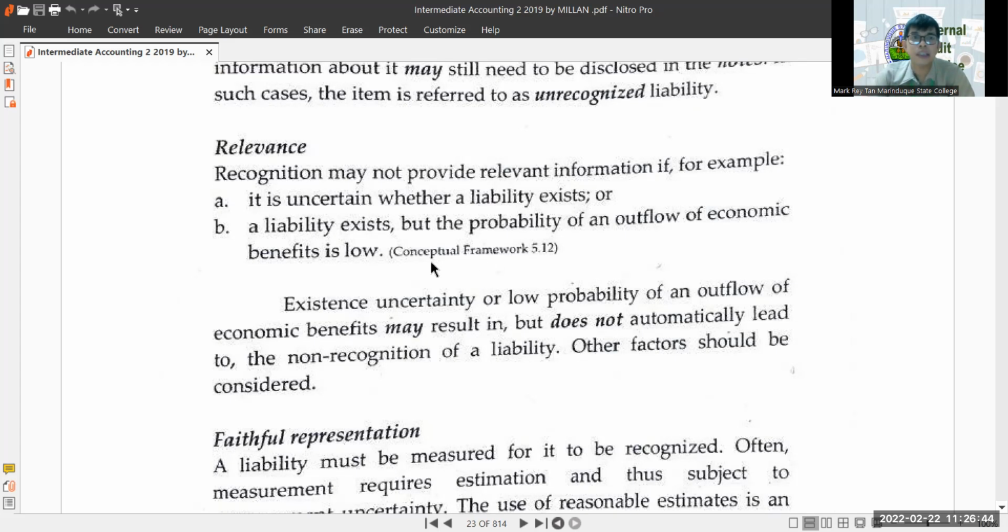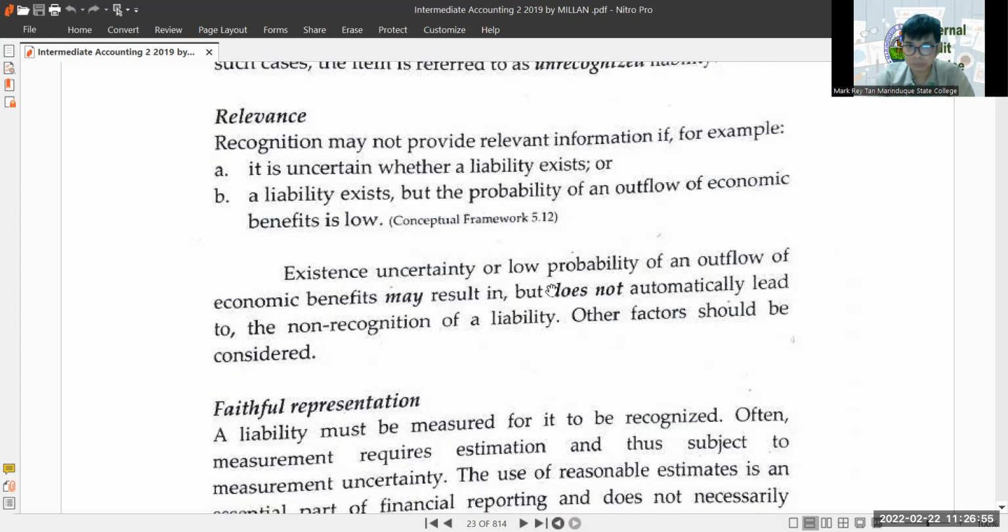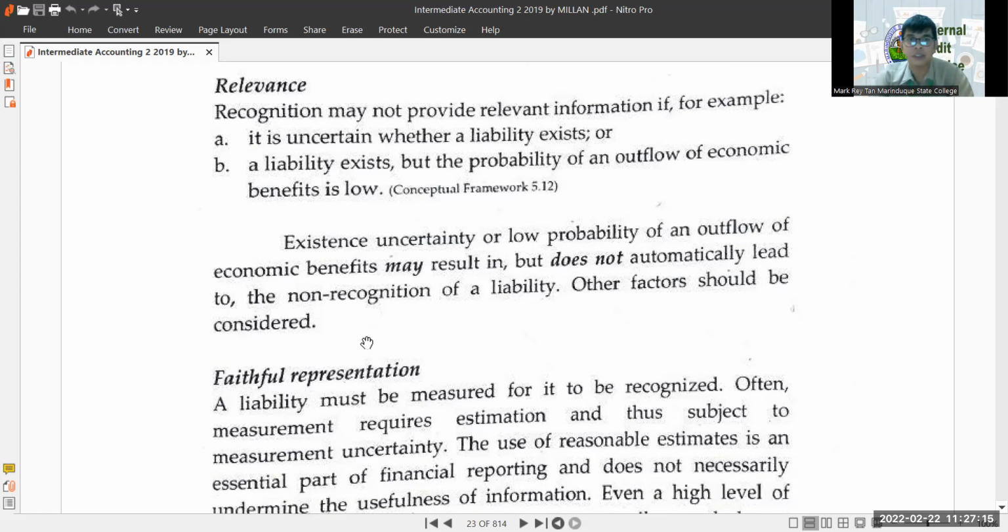So when it comes to probability, it could be low probability, it could be high probability, or it could be non-probable at all. Ang sinasabi dito, hindi naman necessary. It does not necessarily mean na if hindi mo yun na-meet, hindi mo na i-recognize yung liability. Marami pong factors na dapat i-consider when it comes to recognition of an item, in this case, a liability. Okay? Yun lang yan.